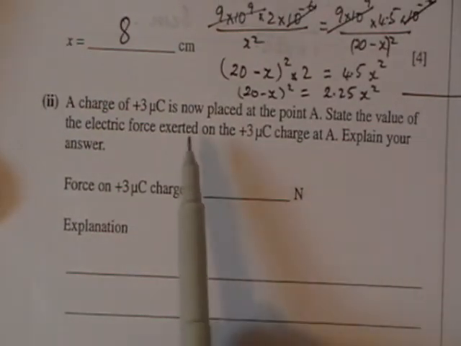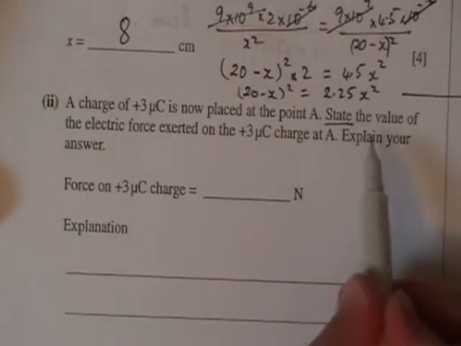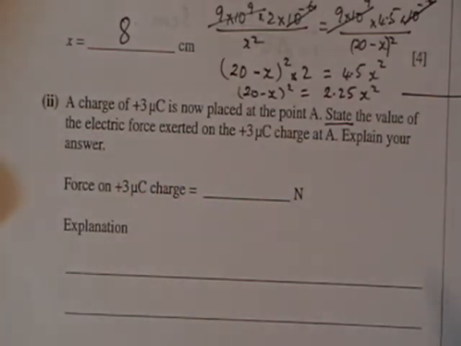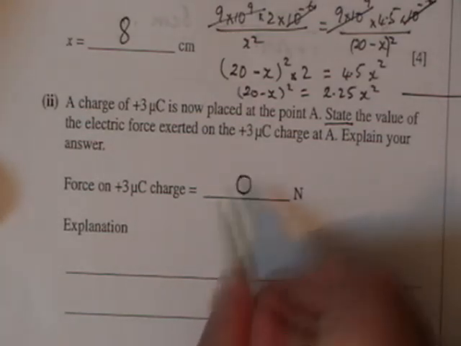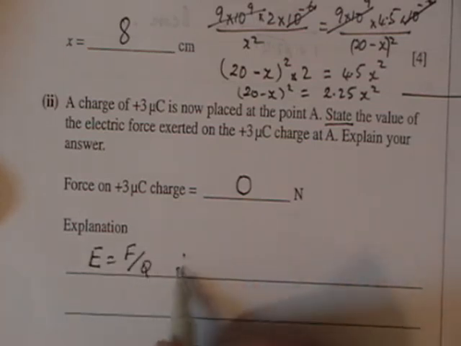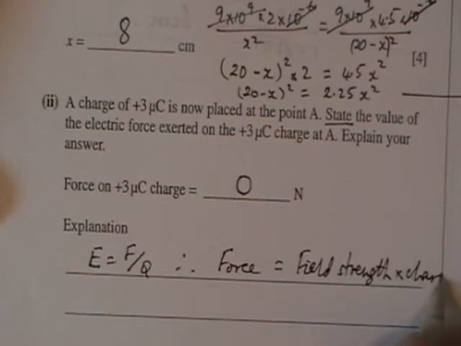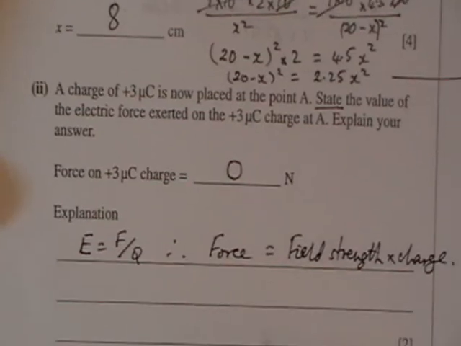Then a charge of plus 3 microcoulombs is now placed at A, and they ask us to state the value of the electric force exerted on the plus 3 microcoulomb charge. You shouldn't have to think too much about that, because the force here is going to be 0 newtons. Why? Because the electric field strength is equal to the force per unit charge, therefore the force is equal to the field strength times the charge, and it doesn't matter what charge you place there, the field strength is always 0, therefore the force is always 0.